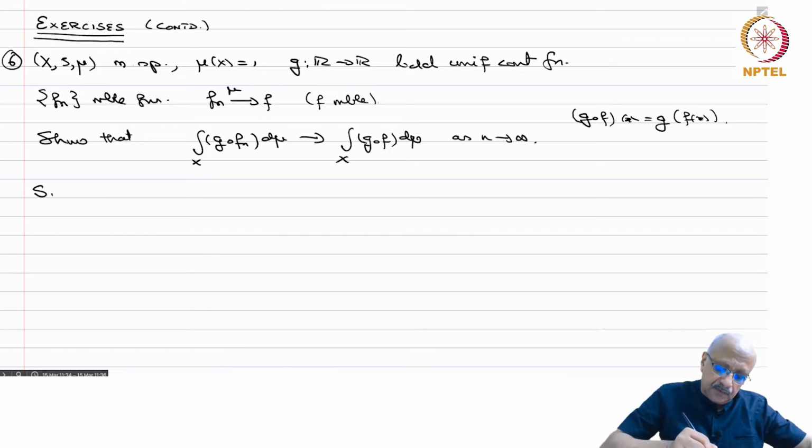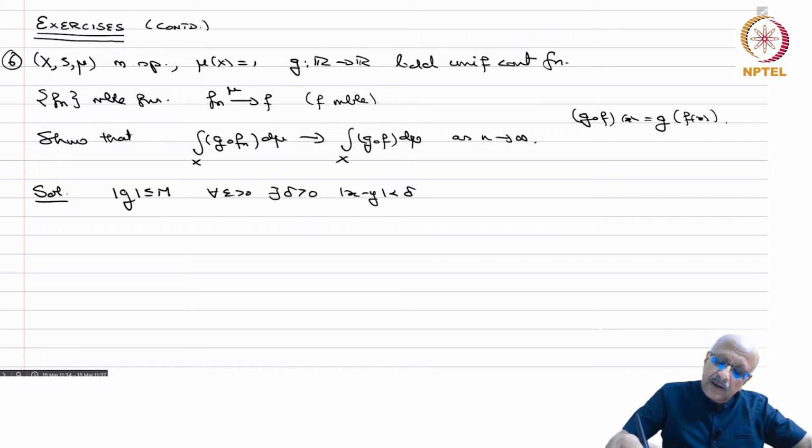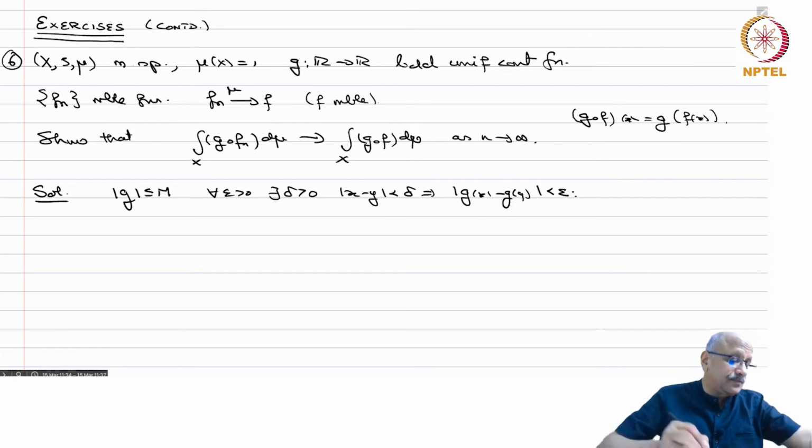Okay, solution. So g is bounded, so we can say mod g is less than or equal to M, and for every epsilon positive there exists a delta positive such that mod x minus y less than delta implies mod g(x) minus g(y) is less than epsilon.